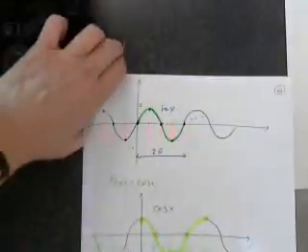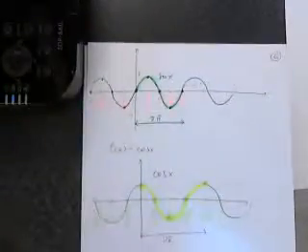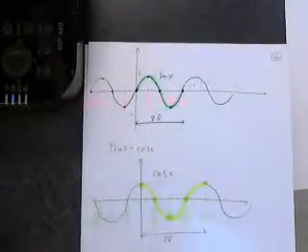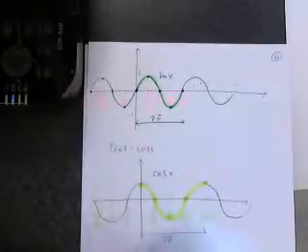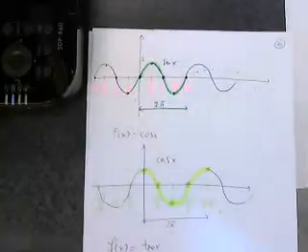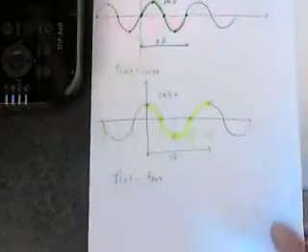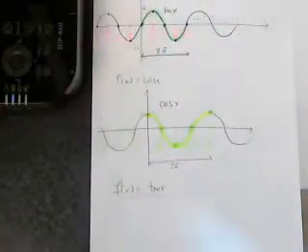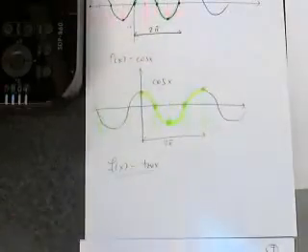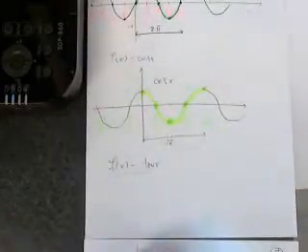One more graph, and then we'll just work on problems. I'm done. No more new material. So f of x equals tangent x. We're using the same units.